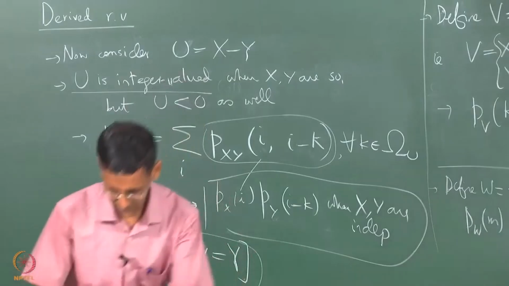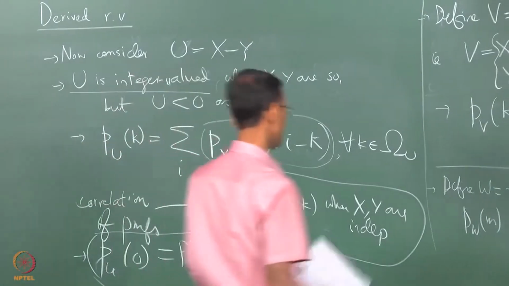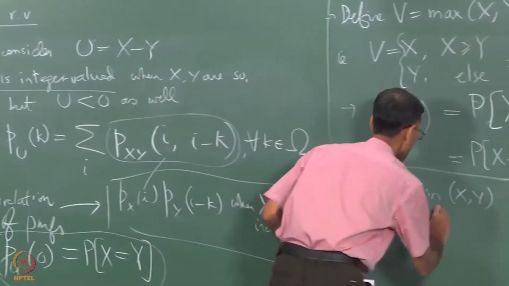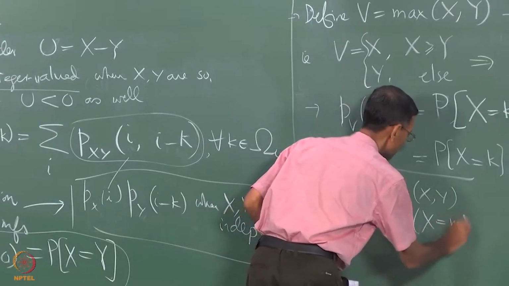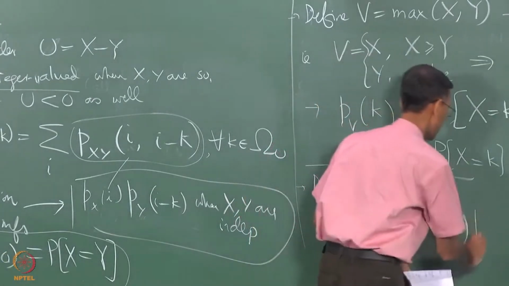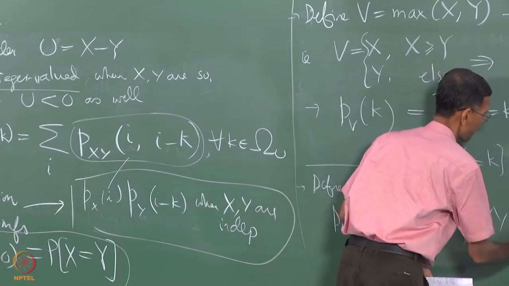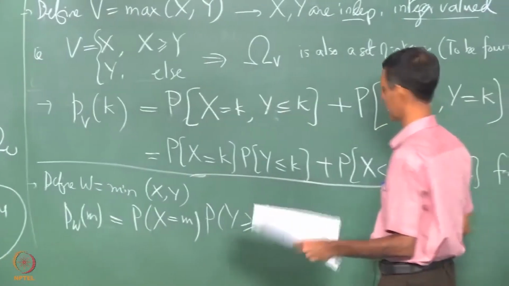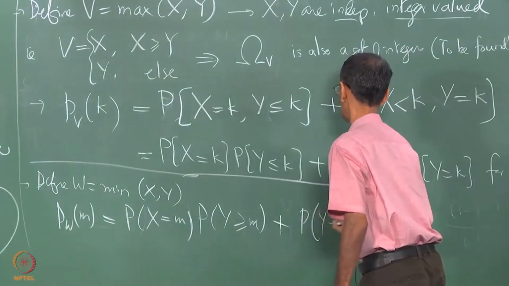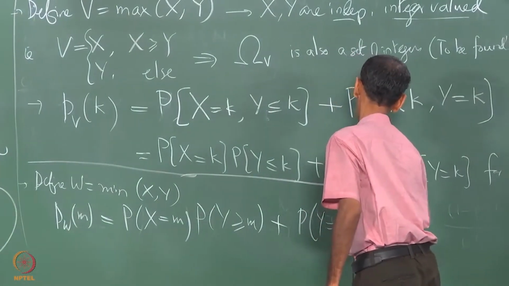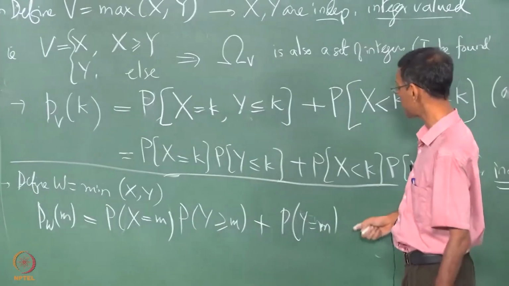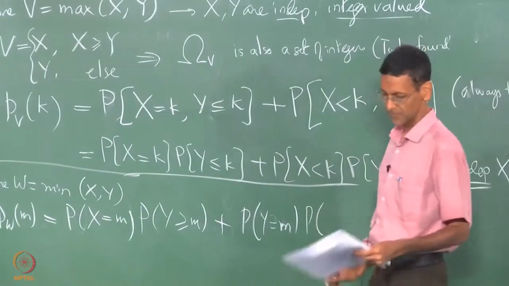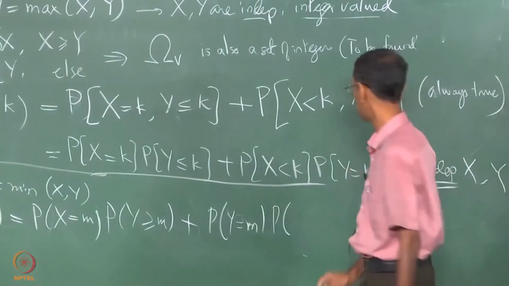This is for the independent integer valued case. I just write the result and we will explain it. P(X equal to m) P(Y greater than or equal to m) plus P(Y equal to m). If I put Y equal to m, what will I put here? Strictly greater than m, correct.